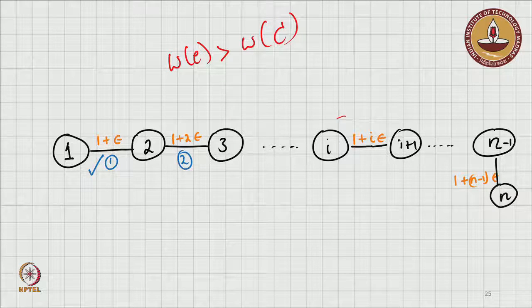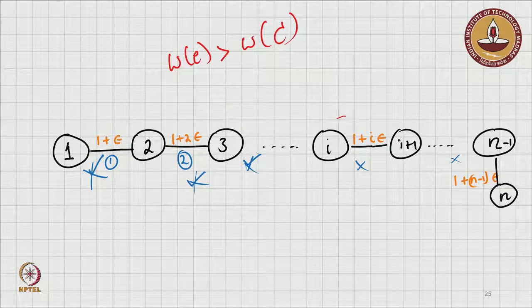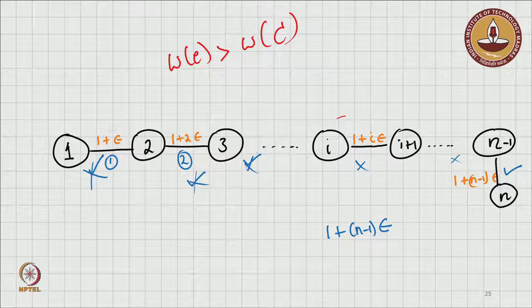And then when edge 2, 3 comes, we will throw away this edge and we will then include this edge. And then we will throw away this edge and we will include the next edge, and so on and so forth. At the end, we would have thrown away all the edges except the very last edge. Okay. So under this condition, we will get a matching of weight 1 plus (n minus 1) epsilon.